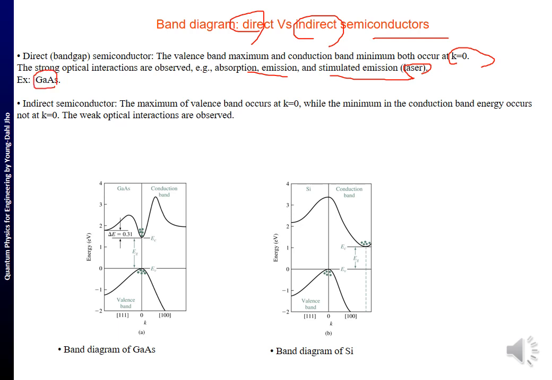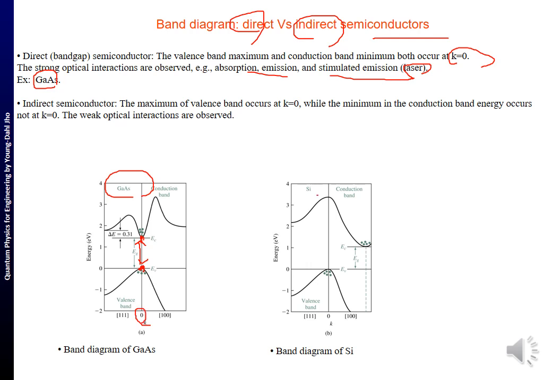An example is gallium arsenide. Gallium arsenide is a direct semiconductor whose band diagram is shown here. Band diagram, dispersion, and band structure have the same meaning here. So the conduction band minimum is here, the valence band maximum is here. They occur at the same k equals 0 point.